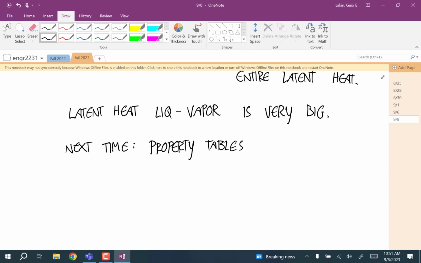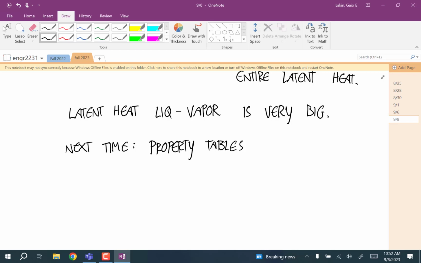These property tables will let you look up, if I have a compressed liquid and I know the temperature is this and the pressure is this, all the other properties, enthalpy, entropy, whatever. At a saturation point, remember, you only need to specify temperature or pressure. You only need to specify one thing in order to find all the other properties.